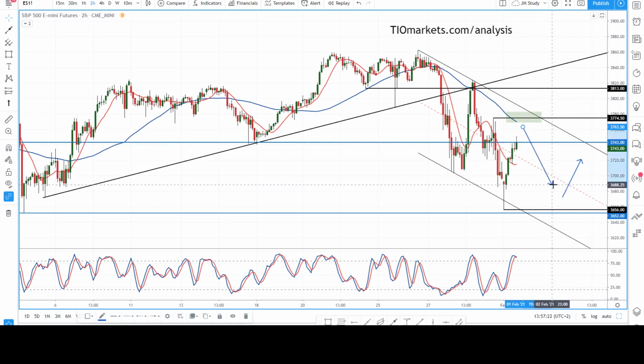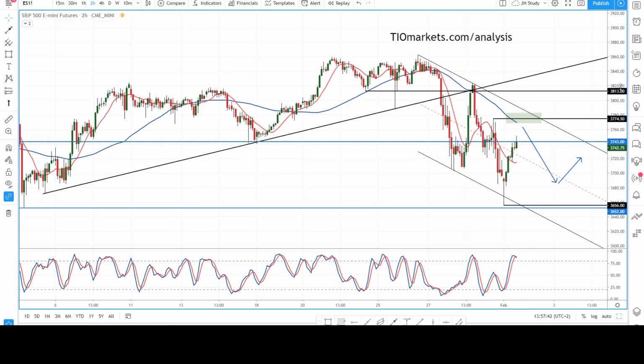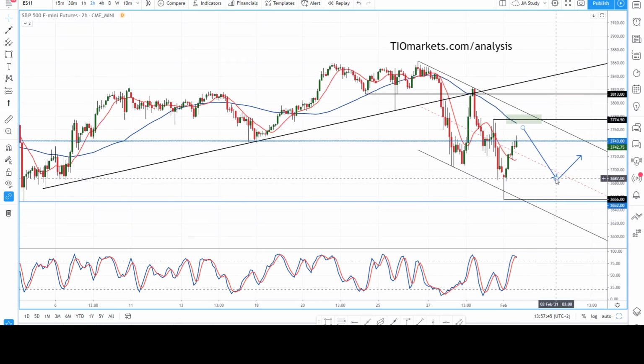Nobody knows exactly the levels where it's going to go and then bounce, if it bounces. But if you want to know how the market could be moving higher, there's two options really. The market has to either create a higher low or it has to break the resistance levels. If the market just keeps on going lower and breaks the supports, then obviously there is no strength in the market. So this is how the S&P 500 looks at the moment.